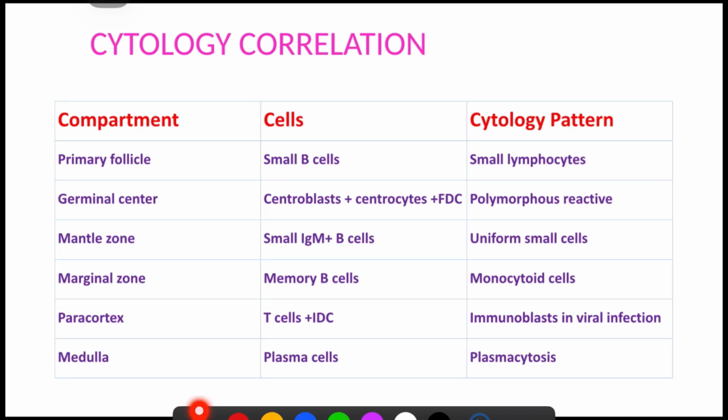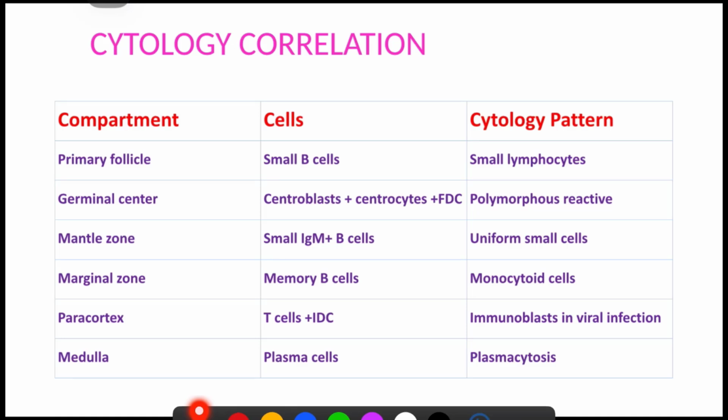Marginal zone contains memory B cells, they are monocytoid cells. Paracortex is the T cell zone where you find T lymphocytes and interdigitating cells. And you find immunoblasts in viral infection. And if your needle is in the medulla, you can identify an excessive number of plasma cells in this region.